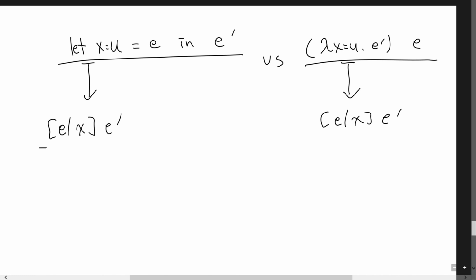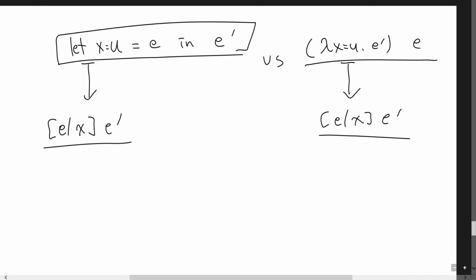In the end, we obtain the same expression here. So one might claim that this let binding is just a syntactic sugar for this lambda application. But there's a big difference here.